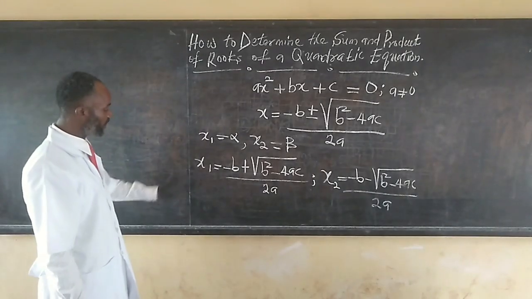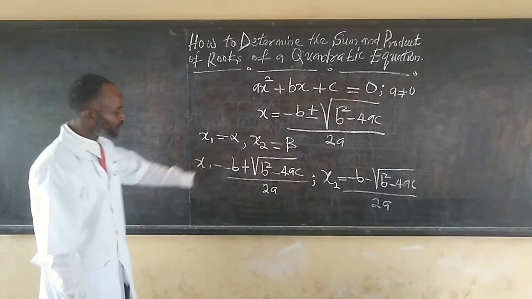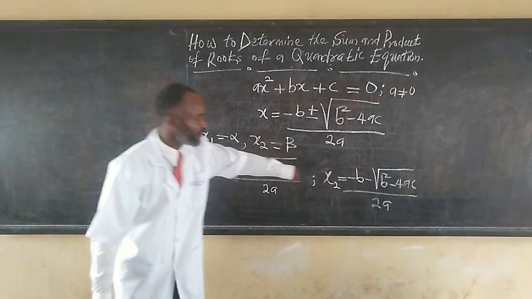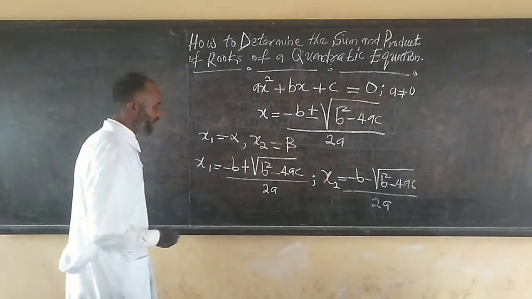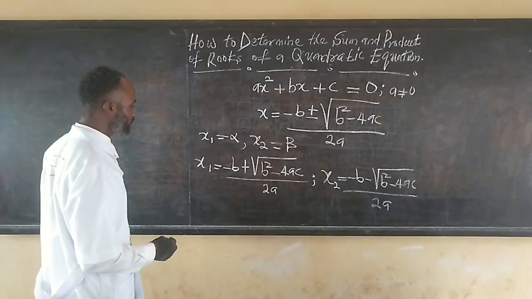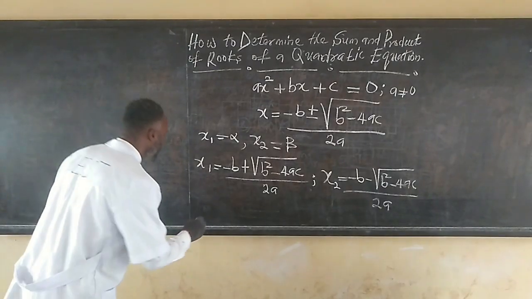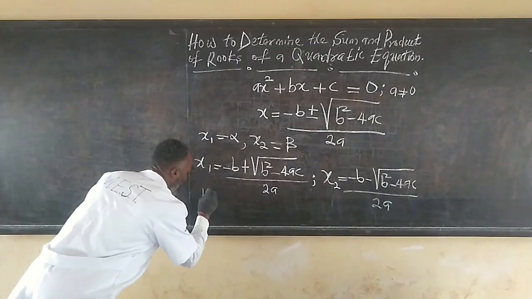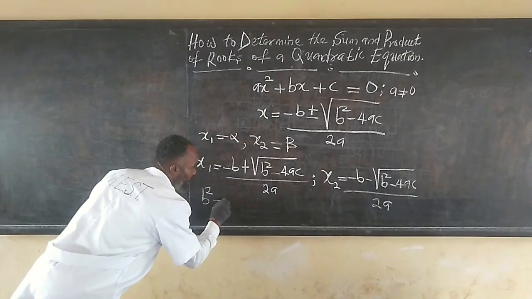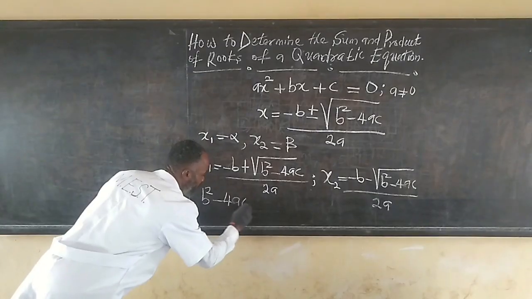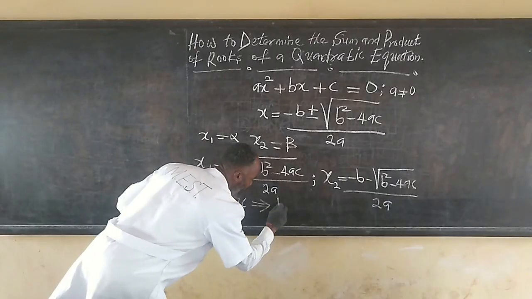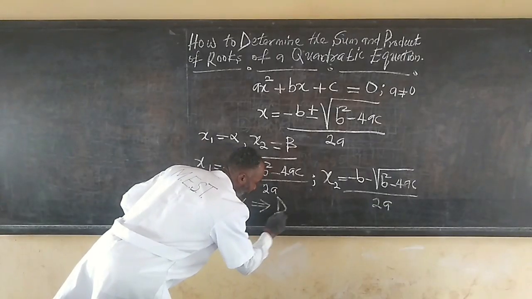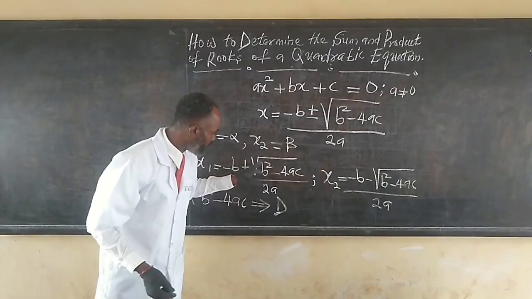Alright, so let's look at it very well. This compound factor has to be replaced with something meaningful. So let's say that b squared minus 4ac is replaced with the capital letter D. Let's replace all of this.